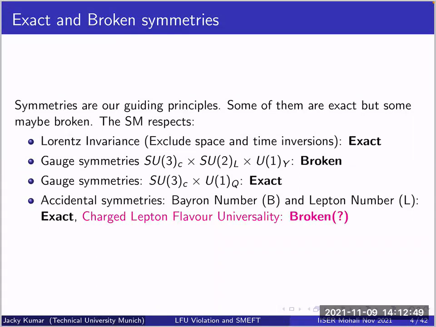The way to test is we look at some observables in which these interactions appear, and measure them. If electron, muon and tau modes are found to be equal, then it's not broken, as we have in the standard model. If we see some deviation, for example that the electron mode is behaving differently compared to the muon or tau mode, then you can say that the universality present in the standard model is actually broken.